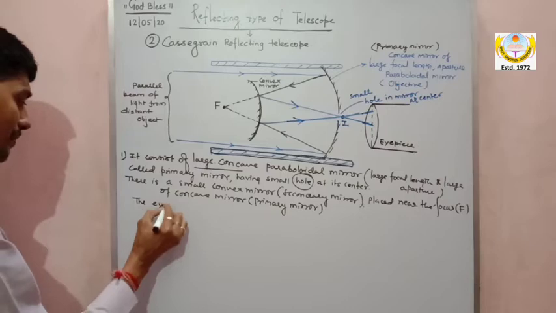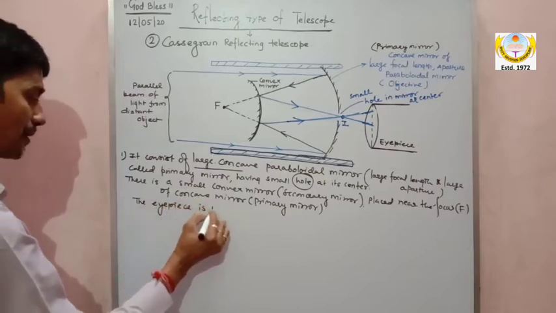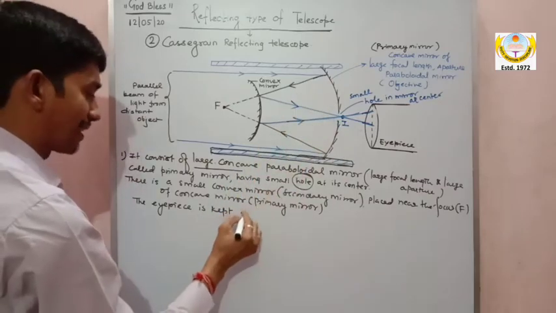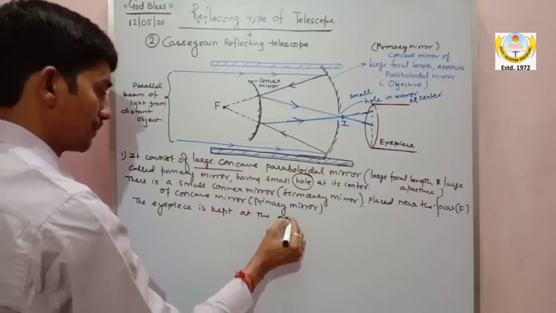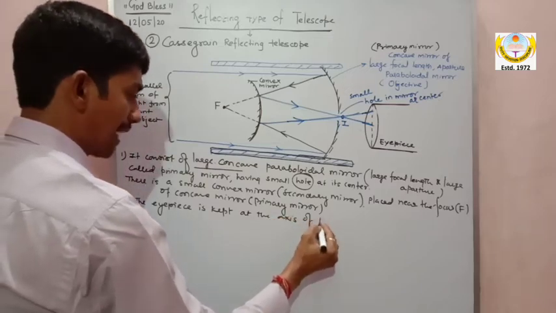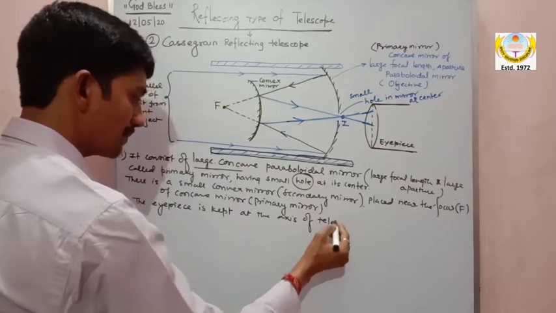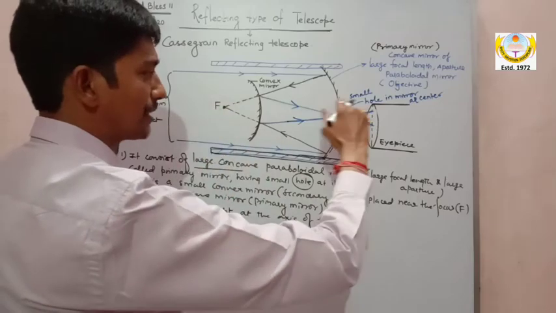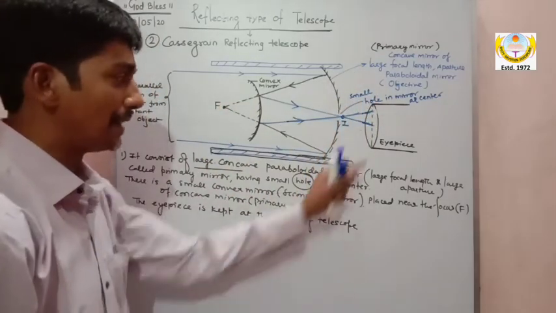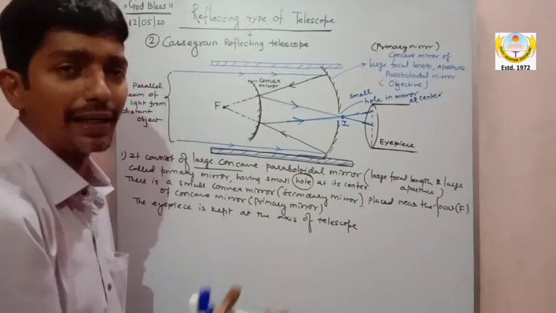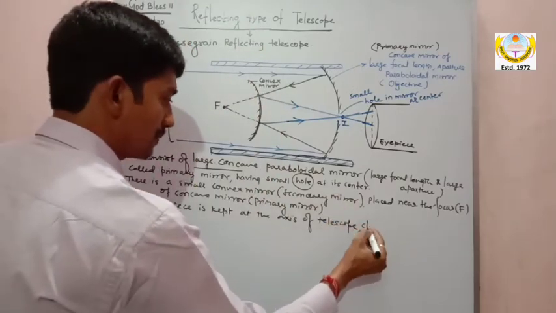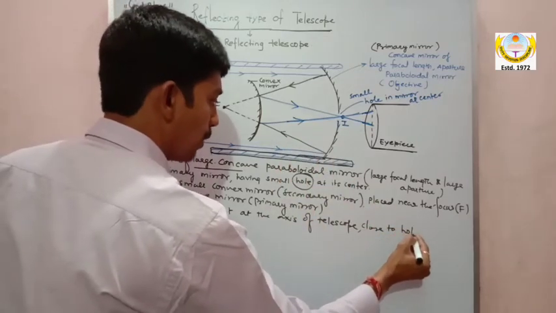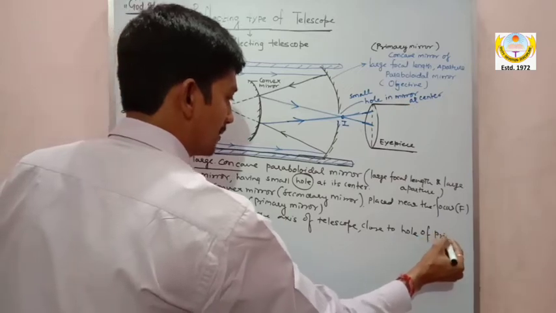The eyepiece is kept at the axis of the telescope, my dear, and close to the hole of the primary mirror.